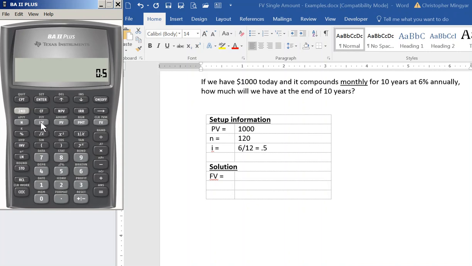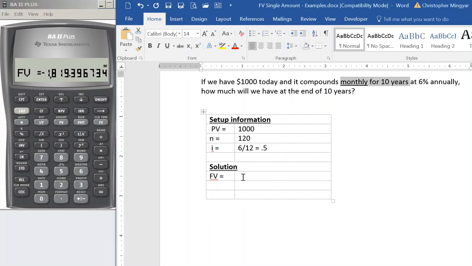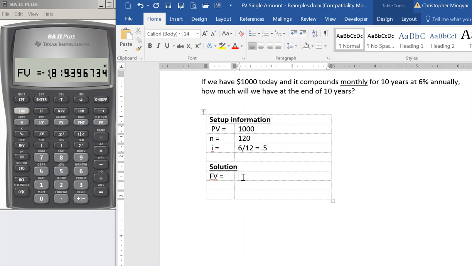That goes under I. And we'll compute for future value. 1819, if we round. Which is the largest amount so far.